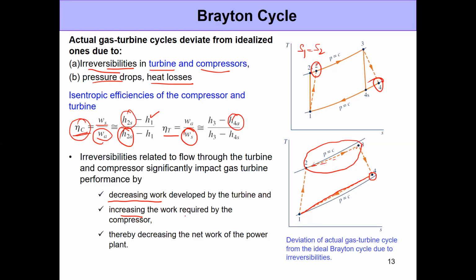Therefore, the increase in the compressor work input required and the reduction in turbine work output obtained over the exact same pressure ranges cause the net power output of the power plant to go down. To calculate what the exact power output is, we need to have a good idea about the isentropic efficiencies of both the compressor and the turbine.